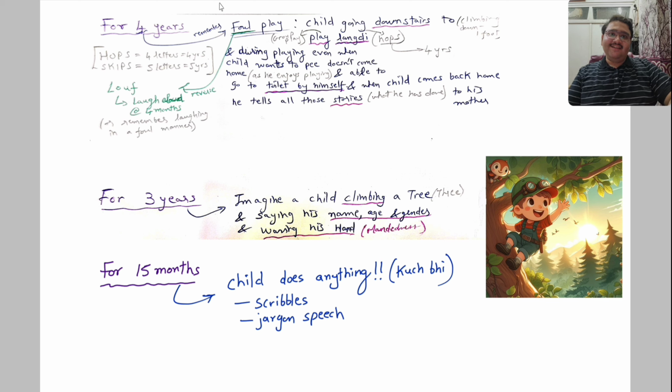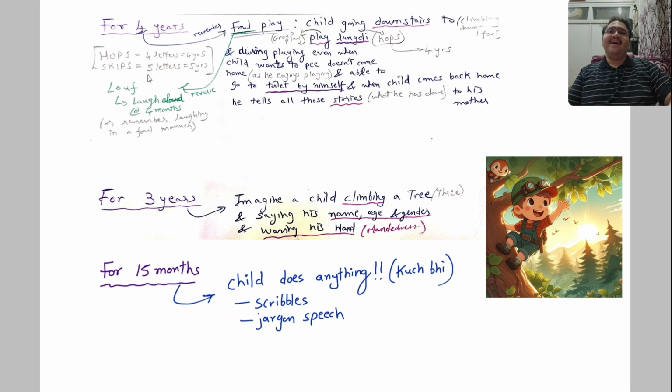So at 4 years, child going downstairs means climbing down 1 foot per step. Then play langri, langri meaning hops, at 4 years. Then he can go to the toilet by himself at 4 years. And all these stories, the child is able to tell stories at 4 years. Hops is a 4 letter word, so at 4 years.